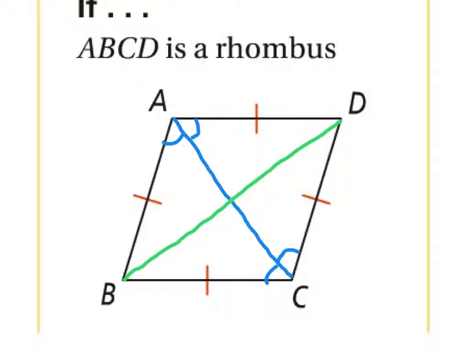But now we want to talk about line segment BD, which is the other diagonal. And the theorem I'm trying to show now is the first one there, 6-13, that the diagonals are perpendicular to each other.